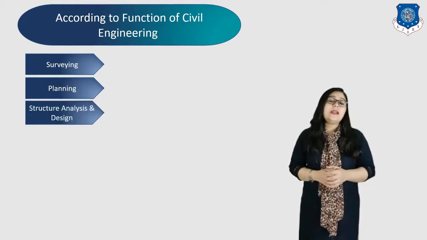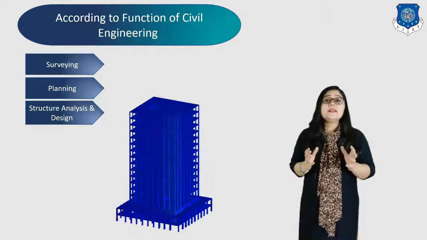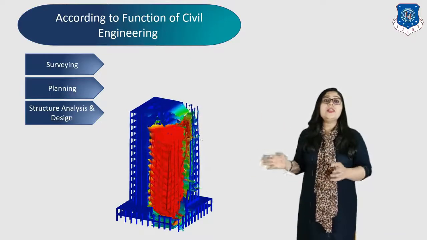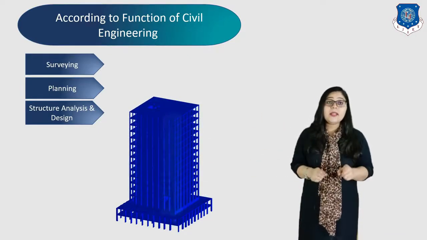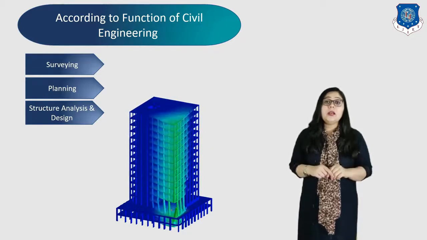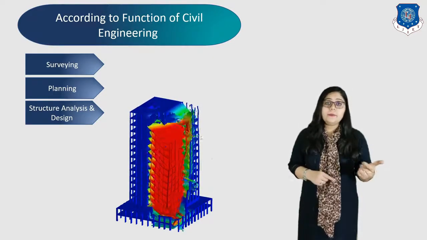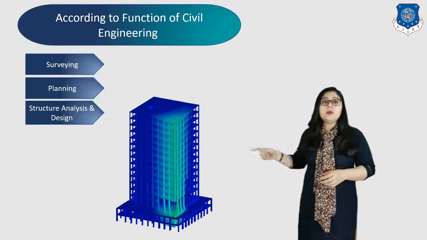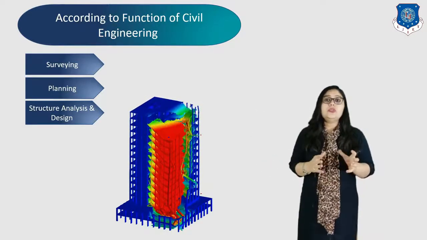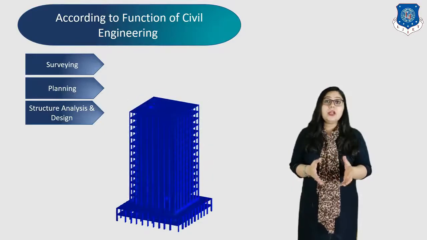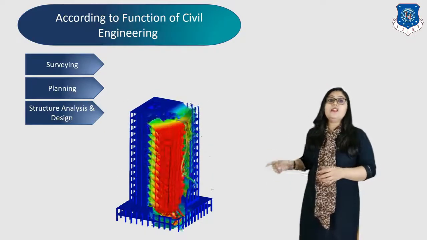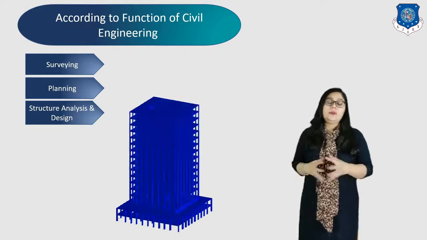Next is structure analysis and design. It is carried out by first preparing a model of the structure in software by selecting the type of material like concrete or steel, then applying the probable loads on the particular model of the structure to check whether it is capable to resist or transfer the load properly without damage or not.